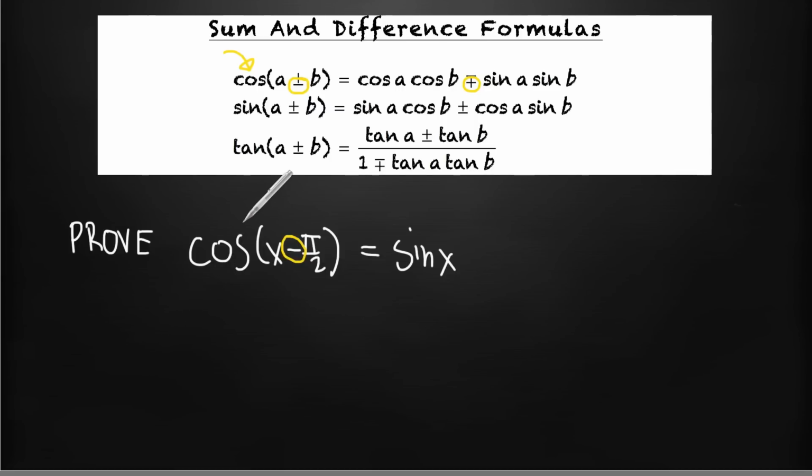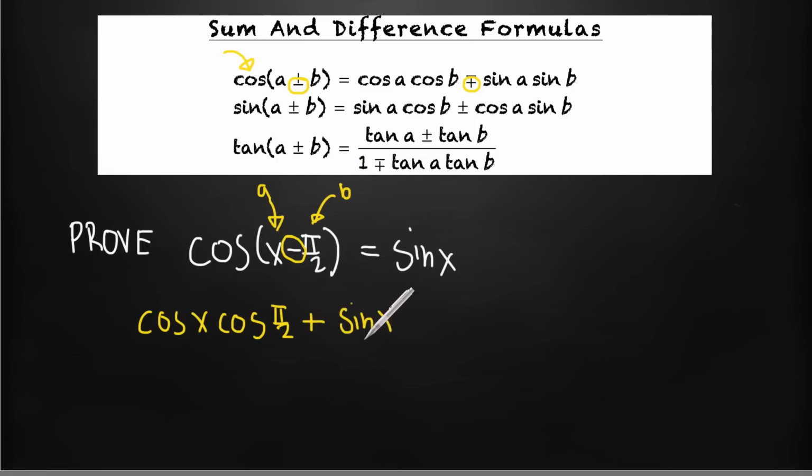Our A is x, so we'll call that A. Our B is actually an angle that we know, pi over 2. So we're going to plug it in. So it's going to be cosine of A, which is x, cosine of B, which is pi over 2, and we're going to be doing plus sine of A times the sine of pi over 2.